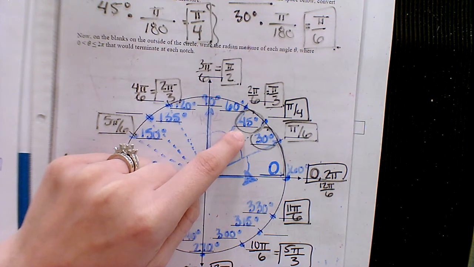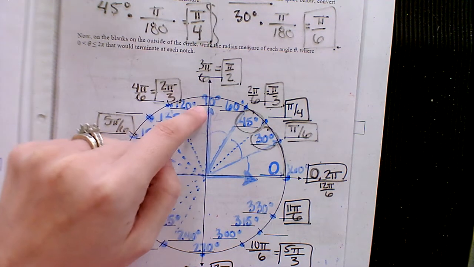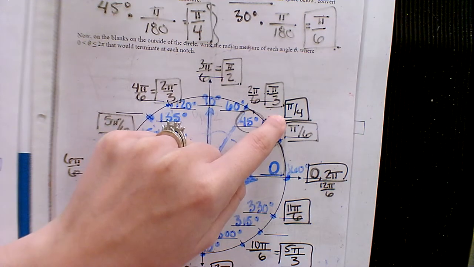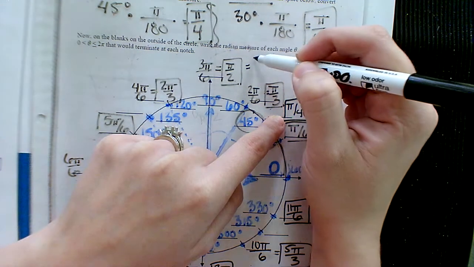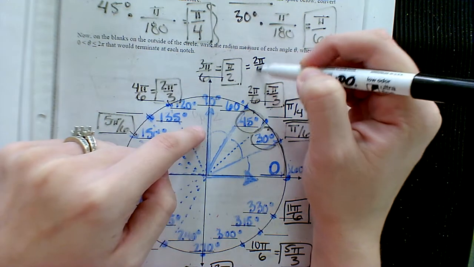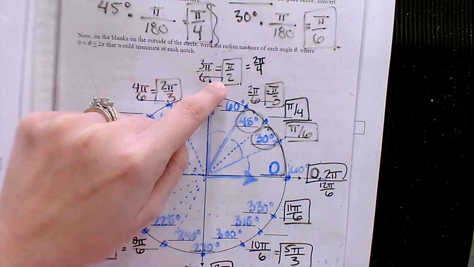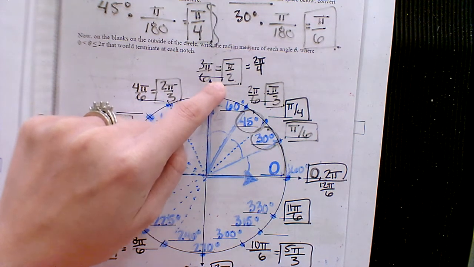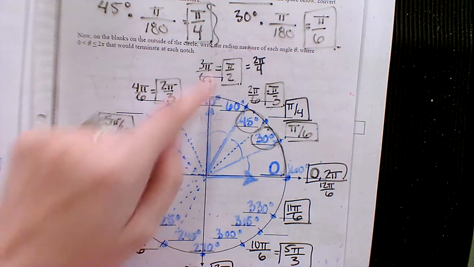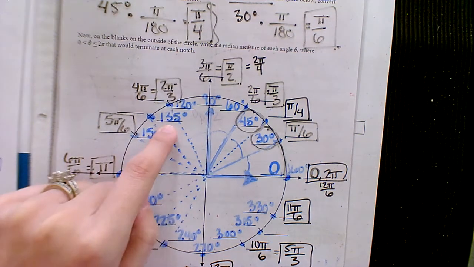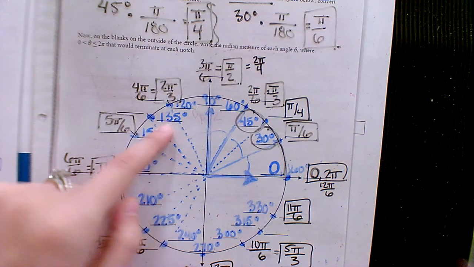If we add another 45 degrees, we're going to be at 90. But if we add another pi over 4, that would be 2 pi over 4. Isn't that still the same as pi over 2 if we were to simplify it? Okay, so that one's kind of already filled out for us. If we do another 45, we'll be at 135.